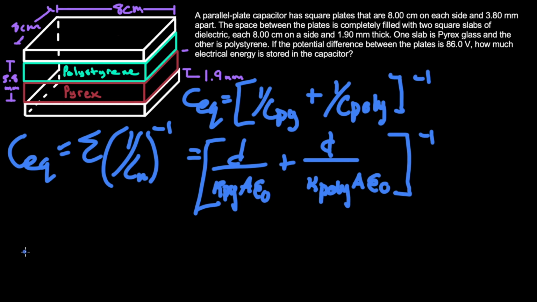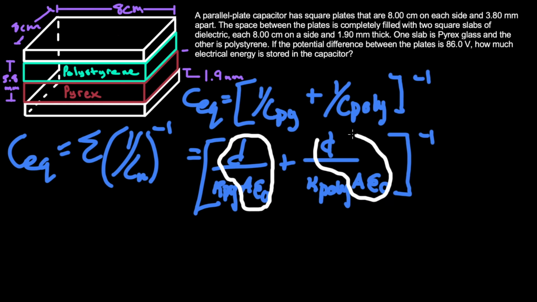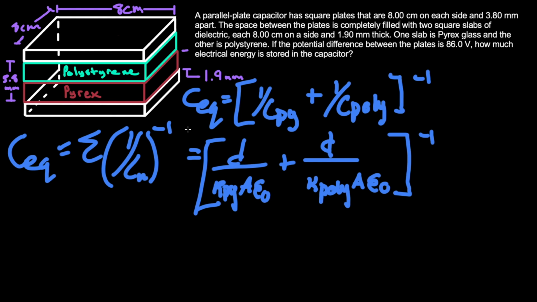And so I'm going to take out some common factors here, because if you look, my d, A, and epsilon naught are all actually common to each term, so I can take those out.